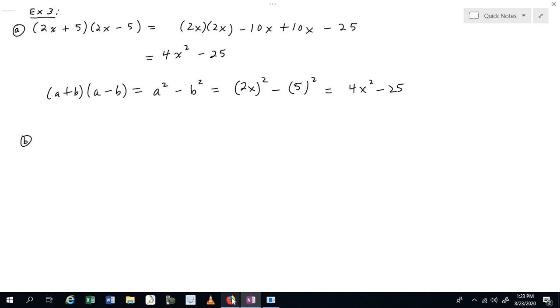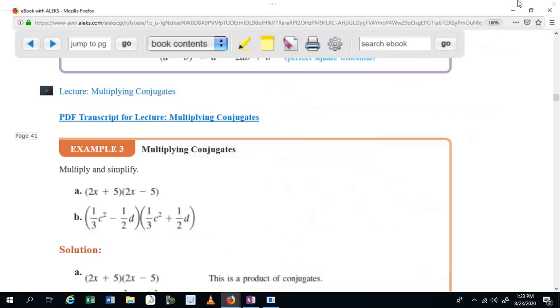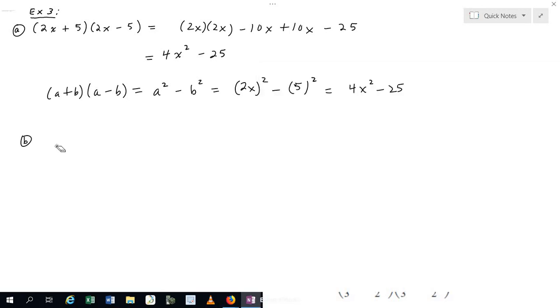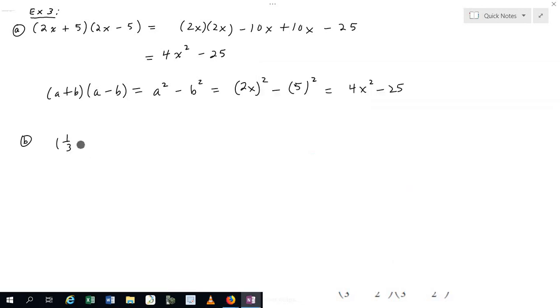Okay, so I want to look at part B here. So let's take 1/3 c squared minus 1/2 d, and we're going to multiply that by its conjugate, which of course is 1/3 c squared plus 1/2 d.